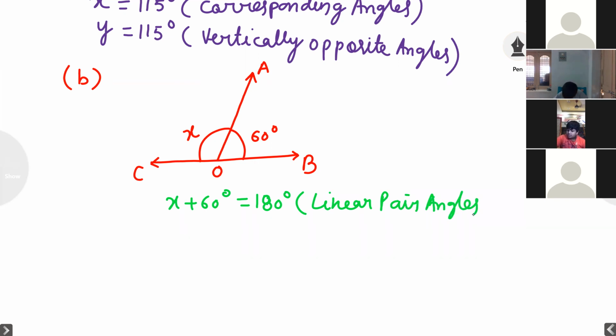Now plus 60 is there. I want to transfer it to the right side. Plus quantity becomes minus. X is equal to 180 degree minus 60 degree.